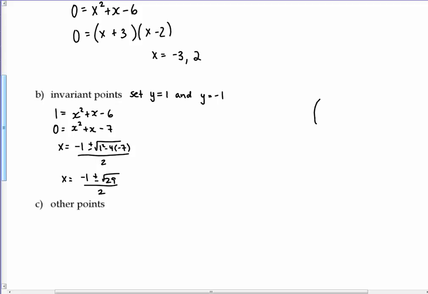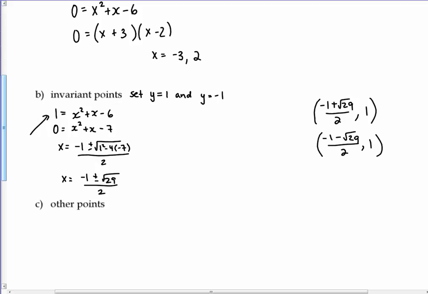So x was either negative 1 plus root 29 over 2 when y was what? Positive 1. We set y to 1. Okay, the other point was negative 1 minus root 29 over 2 at positive 1.